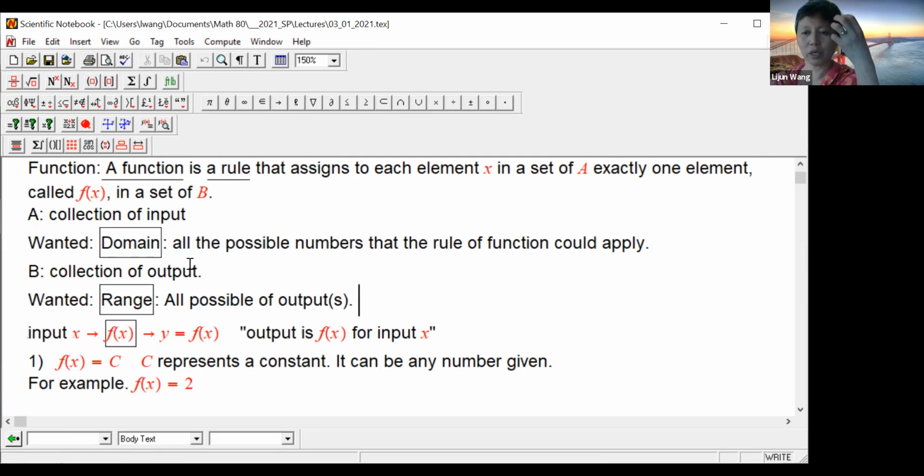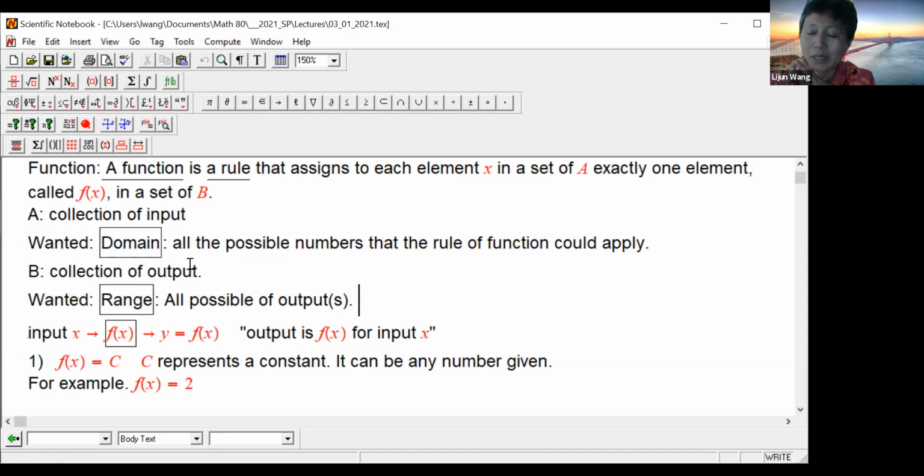We want to know where this rule applies. And the range tells us what the consequences are. The range is a consequence of applying the rule to all possible inputs. The collection of consequential values, they are the range. So you guys have probably heard about domain and you have heard about range, right?